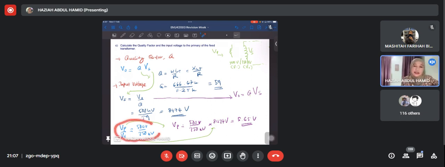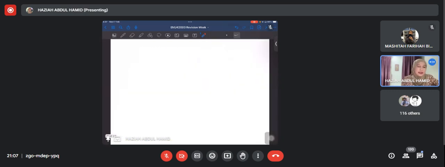Ini, this is the ratio of your transformer. Okay, kita ingat tak konsep transformer? Ini transformer kita. Macam mana pun tak apalah, katalah step up lah. 500 volt to 750 kilovolt. Kan? So kita panggil apa? V1, V2. Betul tak?